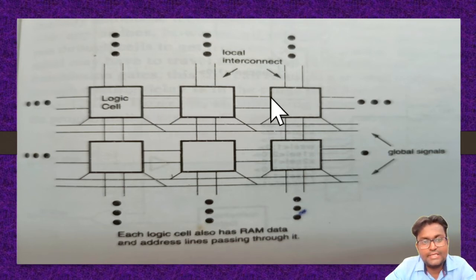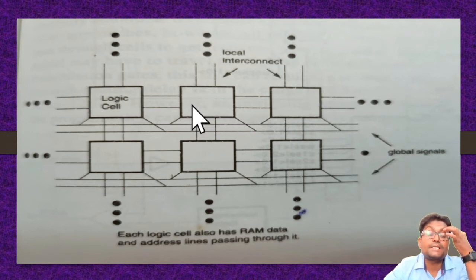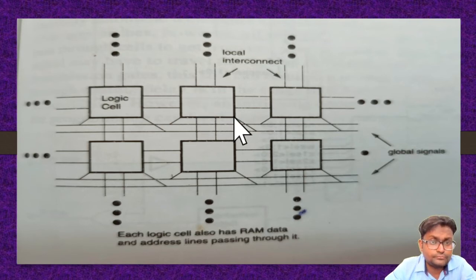So we can say one east input, one east output, one north input, one north output, one west input, one west output. That means each logic cell has connections with its neighbors, and accordingly it provides outputs and inputs.